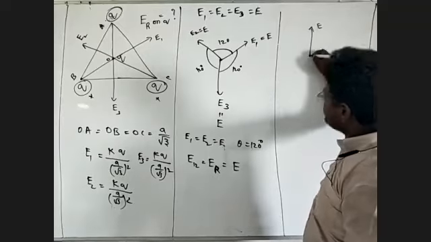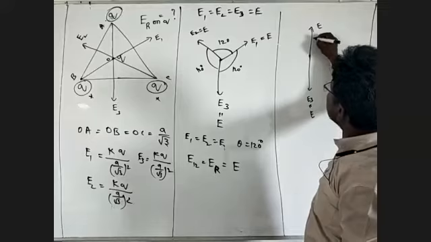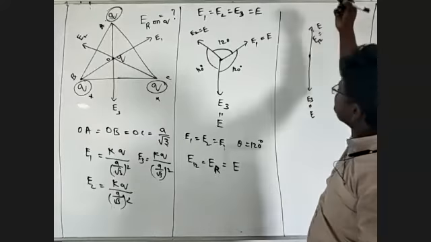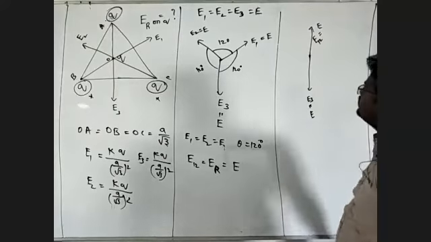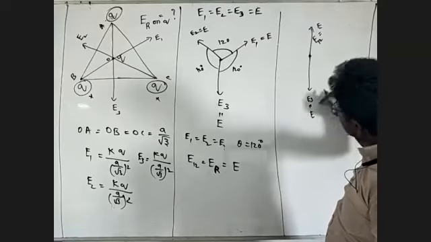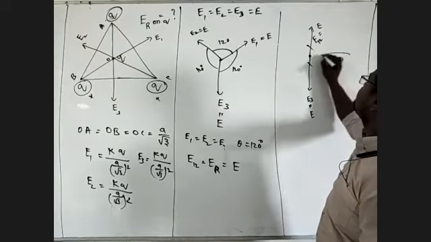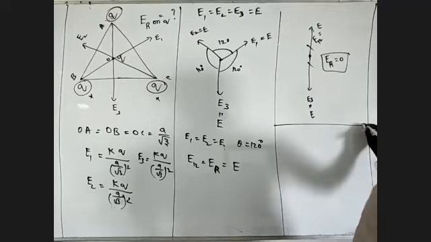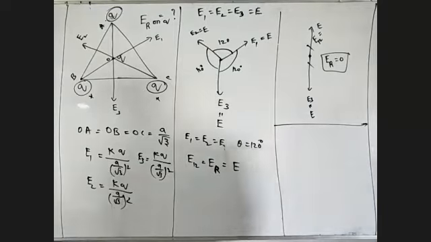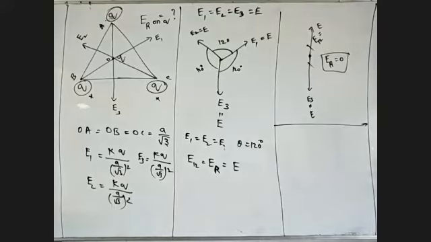This is E3, downward direction already, and E3 is equal to E. In the upside is E, in the downside is E. Both are equal to each other. The resultant electric field at the origin point is 0. That is your answer. Now, next one.